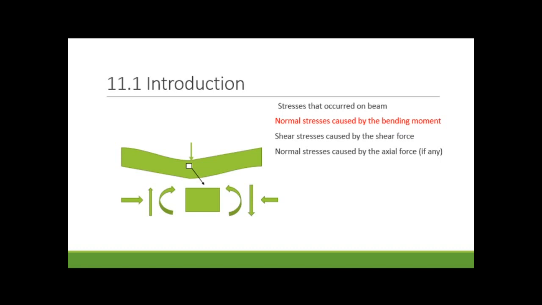But for beams, especially as the span of the beam increases, the effect of the bending moment also increases. Therefore, we first focus on the normal stress of beams. Sometimes, especially for short spans, shear stress can be more critical than the normal stresses, so we also have to consider the shear stress when designing beams.